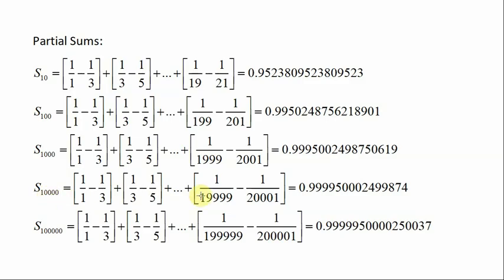Here's the sum of the first 10,000 terms, which is 0.99995. And here's the sum of the first 100,000 terms, which is 0.999995. So once again, these are called partial sums. And we can see that as n gets larger and larger, the sequence of partial sums is approaching 1.